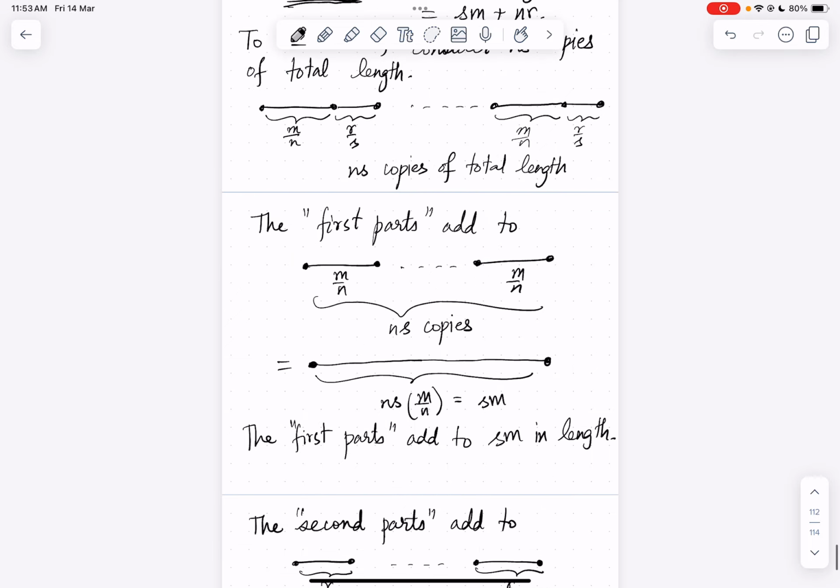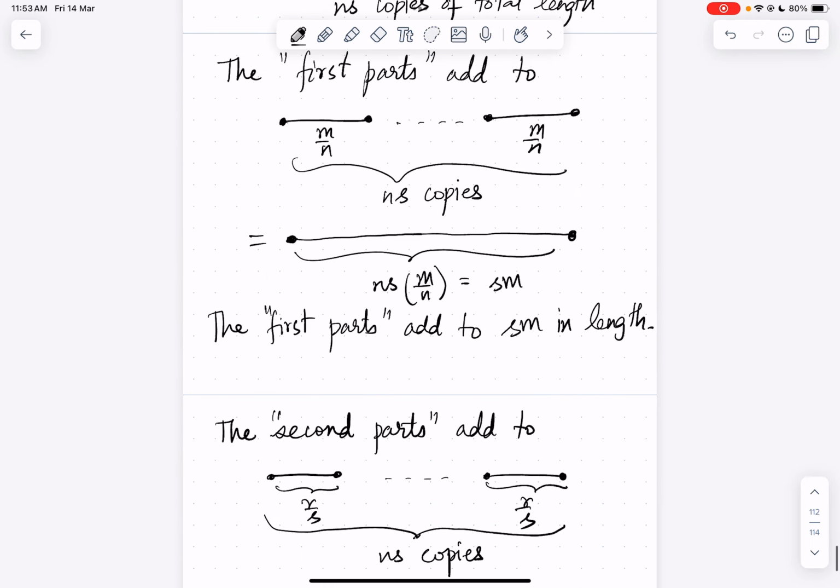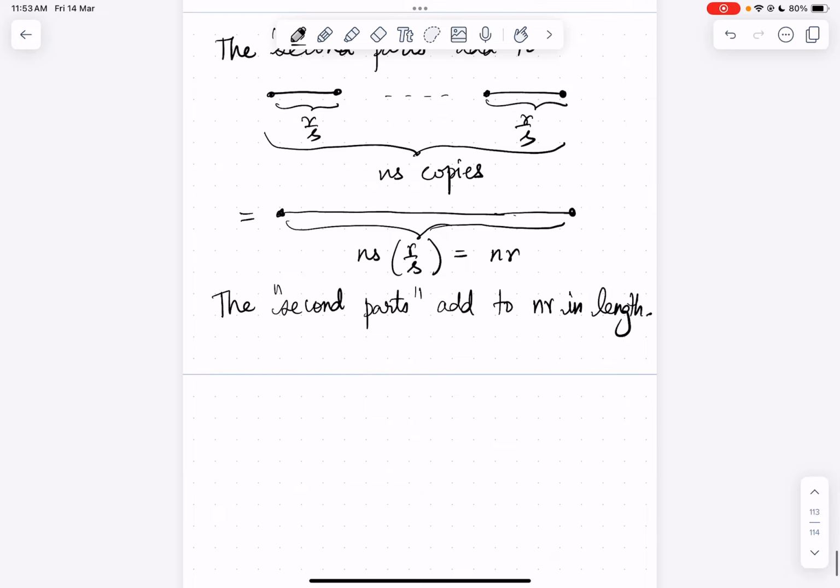So if you take ns copies of the total length, we found that the first parts add to ms in length and the second parts add to nr in length.